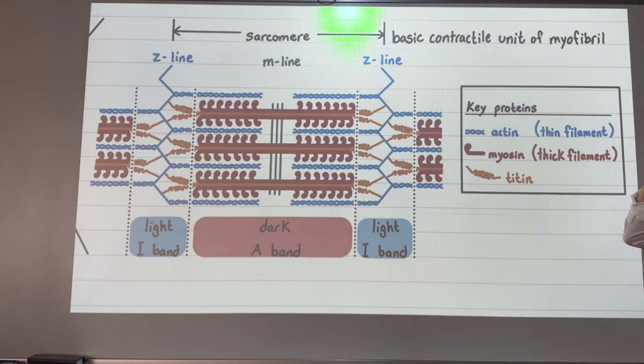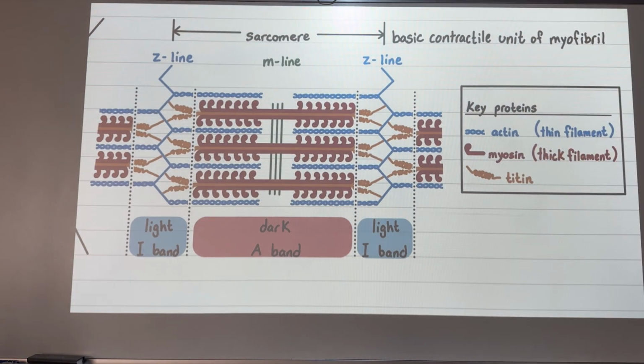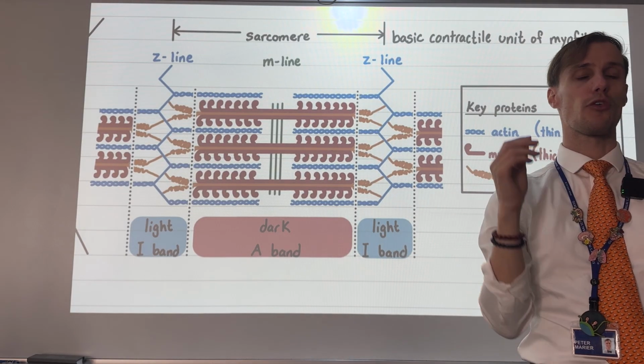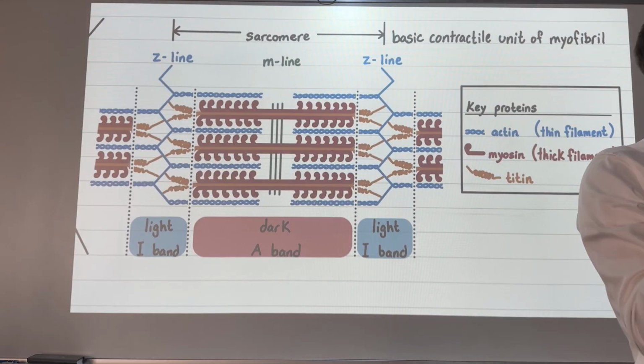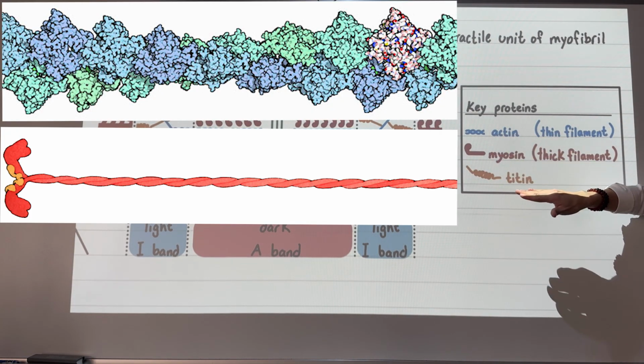I'm now zoomed in to a section of a myofibril within a muscle cell. Now, I've color-coded this, and there's effectively 3 major proteins that comprise a myofibril: actin, myosin, and titin.